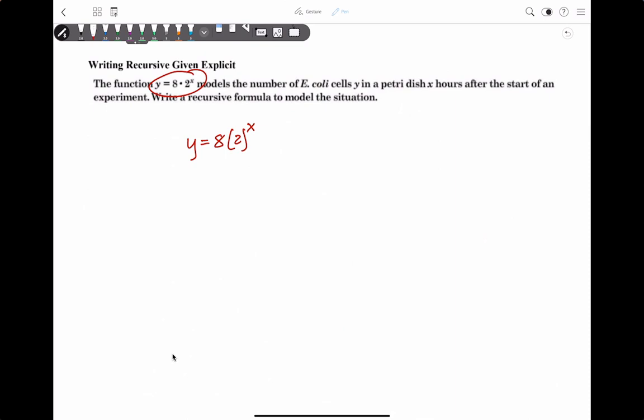So if x equaled 0, well, 2 to the 0 is 1, times 8 would give you 8. So then y would equal 8. This right here is your starting value. N isn't 0, but x is 0.